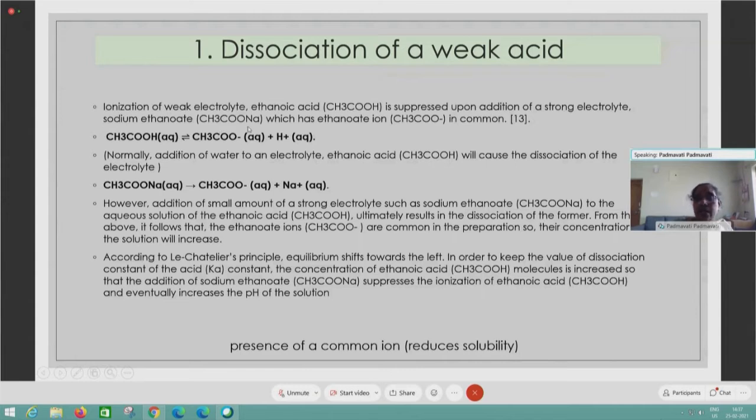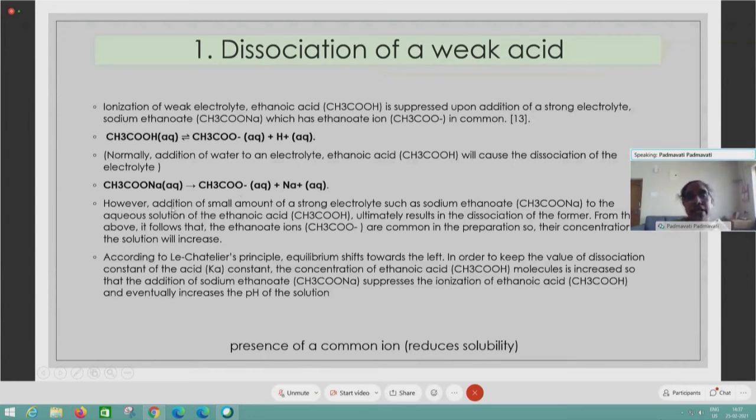So using this common ion, you can shift the equilibrium towards the left. Suppose you add sodium acetate, it immediately dissociates, so there is an excess of ions generated. Because this is in equilibrium, it tries to maintain its equilibrium constant, this acetic acid. So the equilibrium shifts to the left.